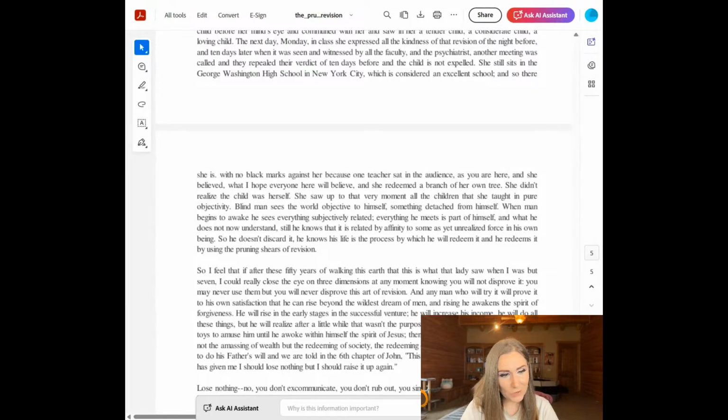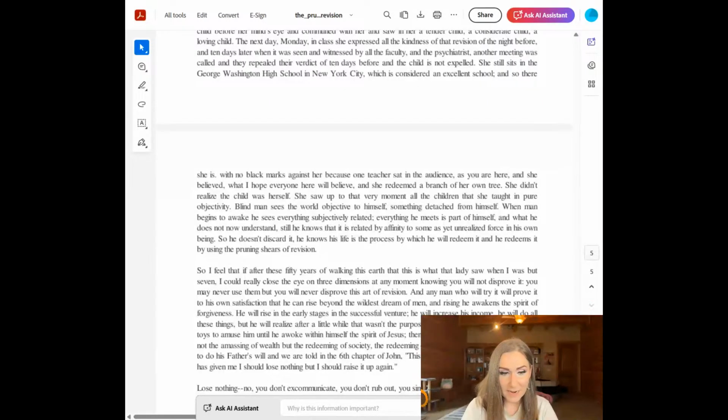He will rise in the early stages in the successful venture. He will increase his income. He will do all of these things. But he will realize after a little while that it wasn't the purpose. They were only toys to tickle him, toys to amuse him, until he awoke within himself the Spirit of Jesus.